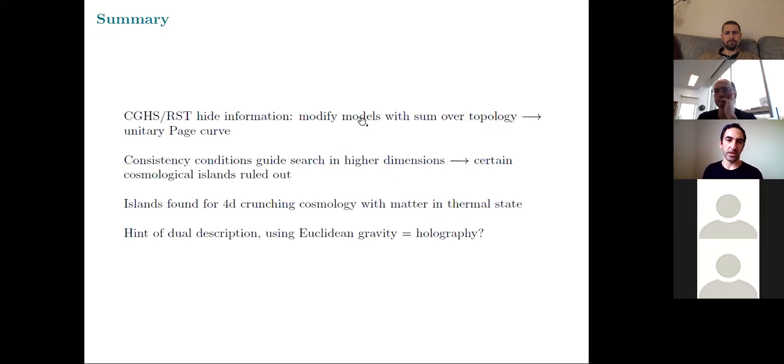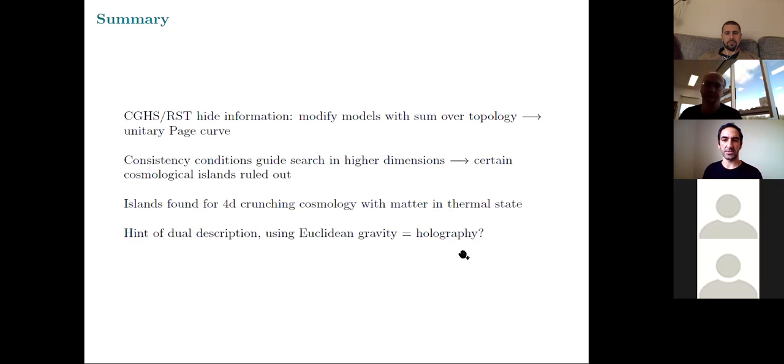And something one might want to do is think a little bit more carefully in these more general situations. If you believe that whenever Euclidean gravity is telling you correct things, it has something to do with holography, maybe one can use the various understanding of islands and other things that come from Euclidean gravity to understand what a holographic picture for these sorts of spacetimes can look like. All right, that's all I wanted to say. I'll stop there.